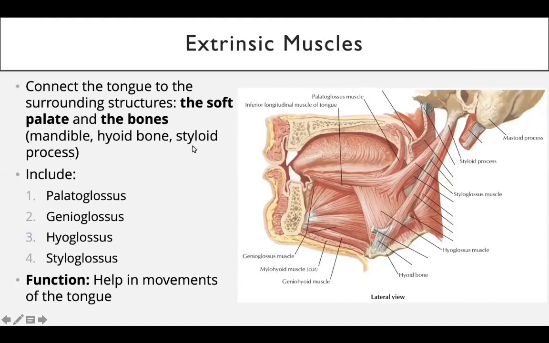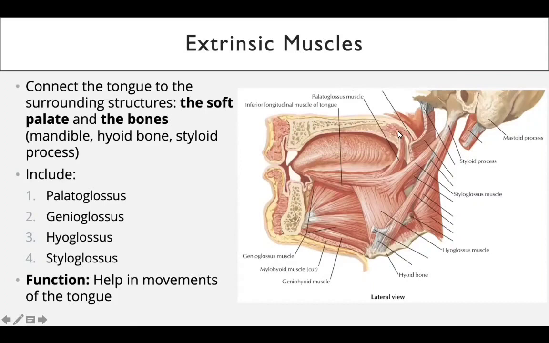Now, if you look at this styloglossus, it is attached to the styloid process. You see, this is the styloid process, and this muscle is attached. So this is styloglossus. And then there is palatoglossus. It elevates the tongue. So it should be this, which is attached to the soft palate, palatoglossus.